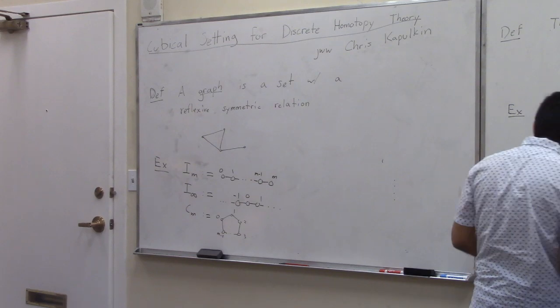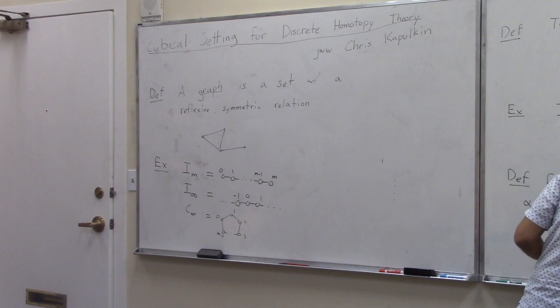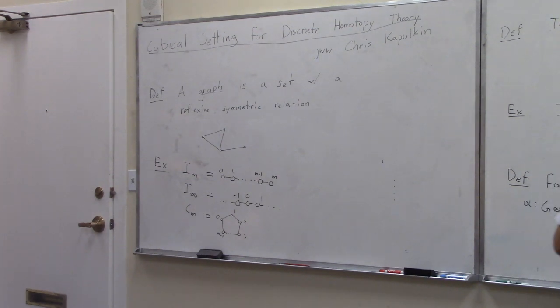And this is such that when I evaluate alpha at the left endpoint, I should see F. And when I evaluate alpha at the right endpoint, I should see G.